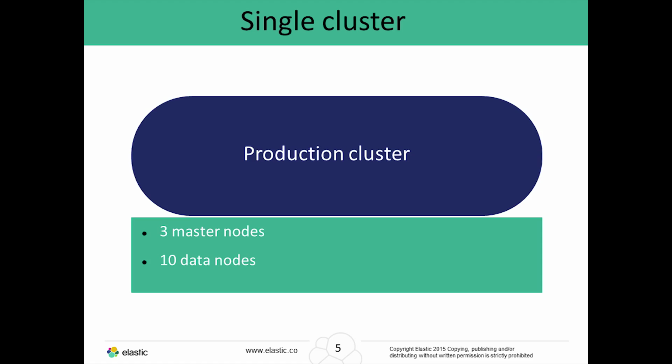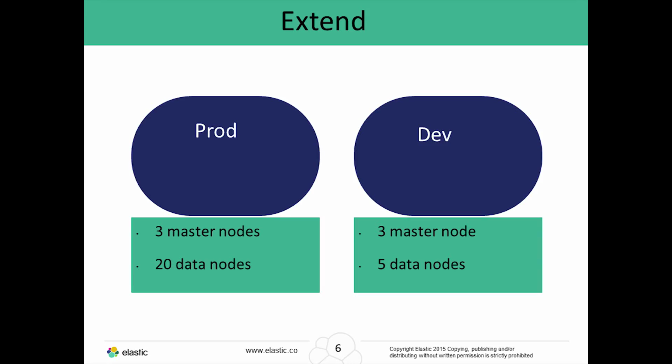So it's quite easy if you start with a production cluster. If you don't have that many nodes, you could try to manage it by hand. Hope you don't. But then they want their development cluster. Your developers, hopefully you don't let them work on your production cluster and do all kinds of weird stuff and break it every 5 minutes.